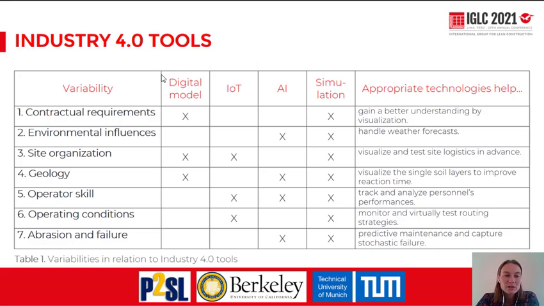These are just examples, and we quickly come to the results concerning the Industry 4.0 tools, where we compared these 4 tools: the digital models like BIM or GIS models, the IoT as connecting all entities on the construction site. Then we have the artificial intelligence as a data analysis, and in the end we consider the simulation as a proven tool for testing complex systems in advance, but not widely used in practice.